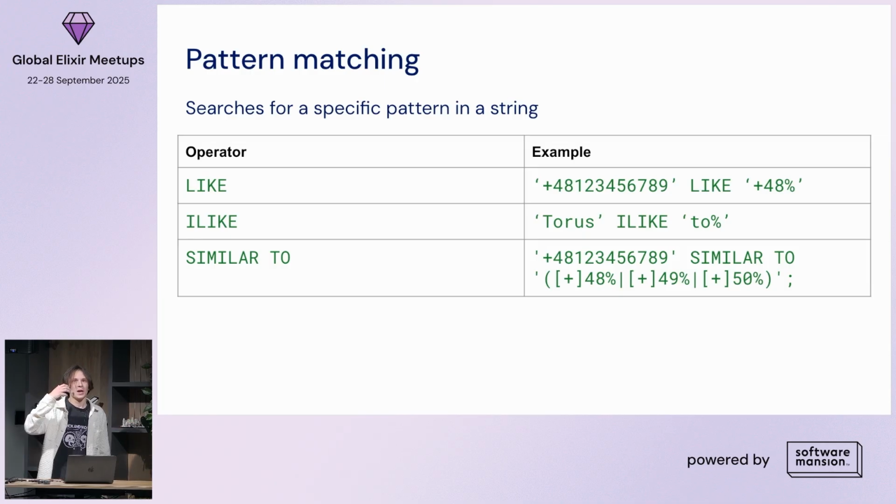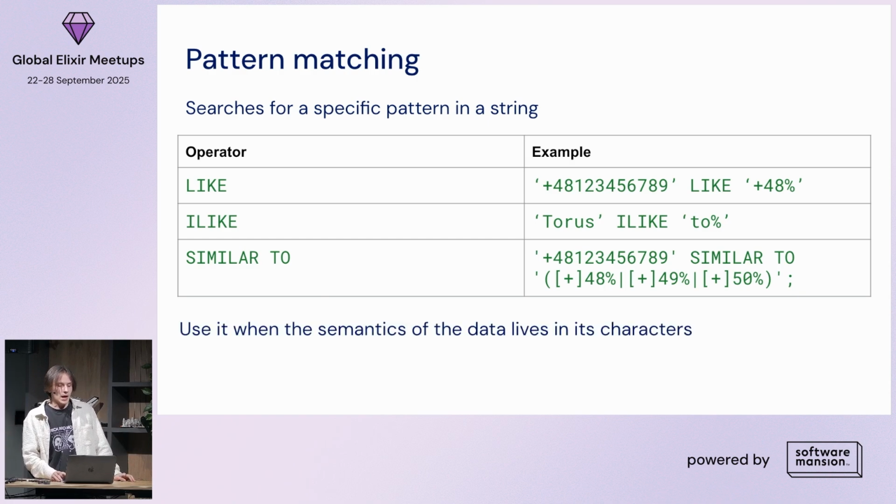Assuming that most of you use the Ecto, Elixir, and Postgres stack, in Postgres we have 3 options for pattern matching: LIKE, ILIKE, and SIMILAR TO. They all differ a little, but they are focused on pattern matching search. And we use pattern matching when the semantics of the data live in the characters of the data.